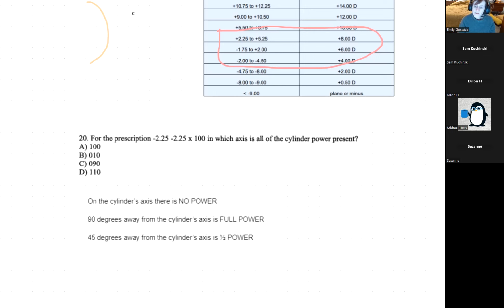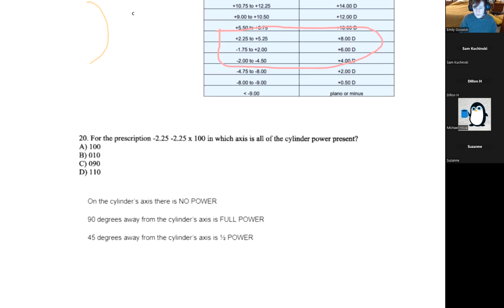So on the cylinder's axis, there is no power. So if we are at 100, there is no cylinder power there, just sphere power. 90 degrees away from the cylinder's axis is full power, so that whole 225 in this case, and 45 degrees away from the axis, it's half power.